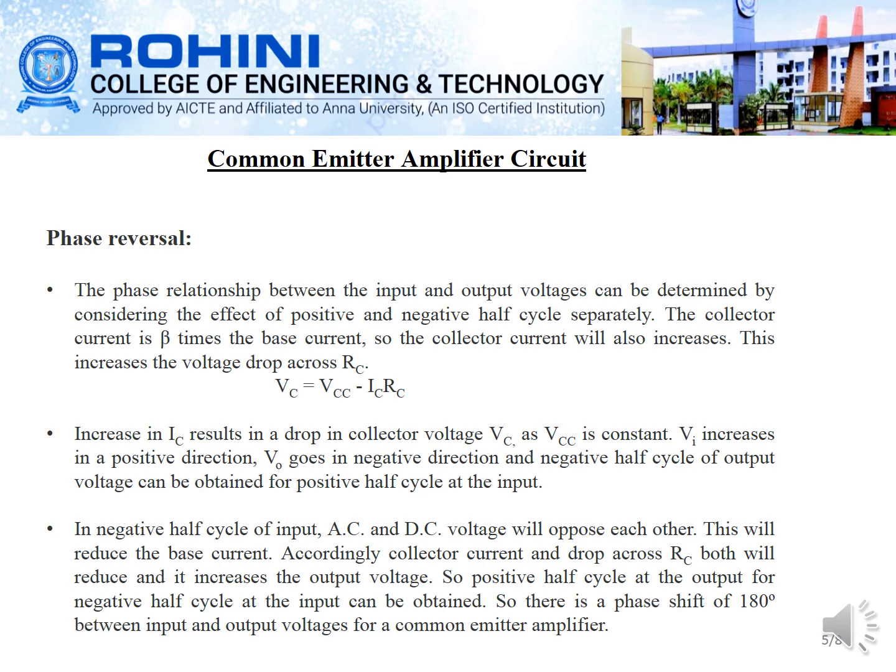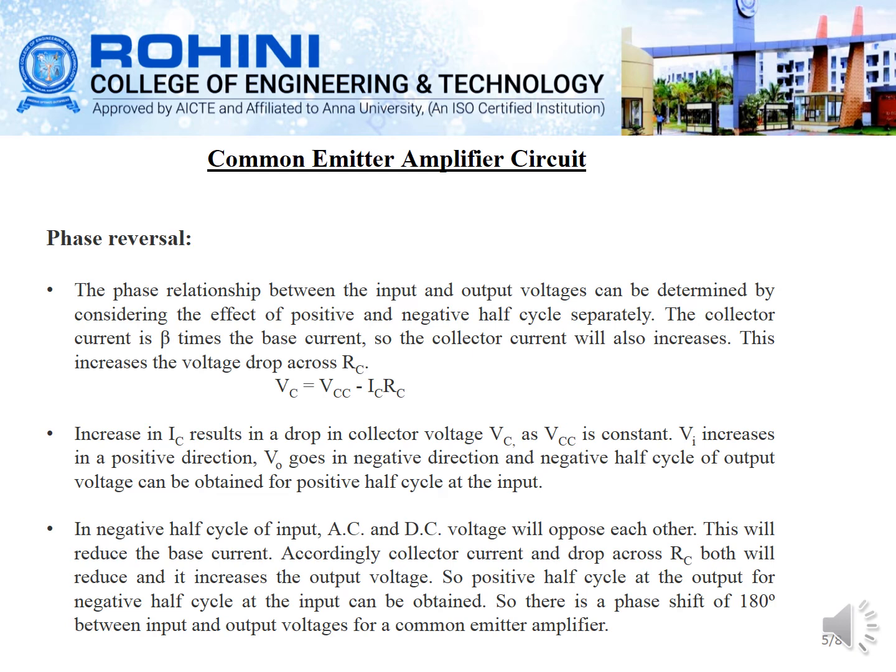So if the input voltage increases in the positive direction, the output voltage goes in the negative direction, and the negative half cycle of the output voltage we can obtain from the positive half cycle of the input. In the case of the negative half cycle, the AC and DC voltage will oppose each other, so there will be a reduction in the base current.